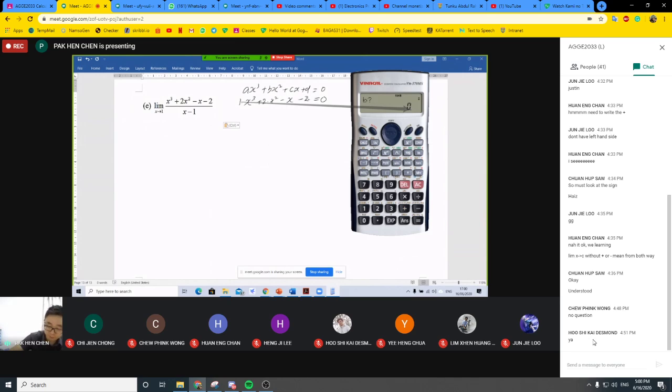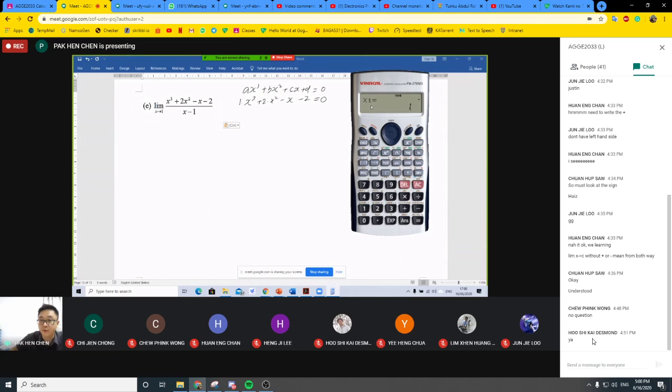My B will be 2. I press 2 and press equals. Okay, and my C will be -1, isn't it? -1, all right, equals, and lastly, our D will be -2.